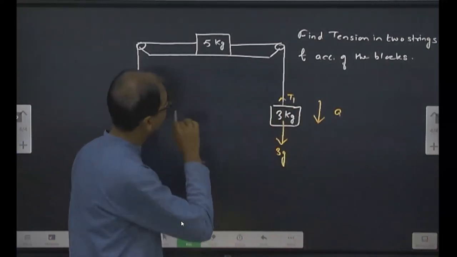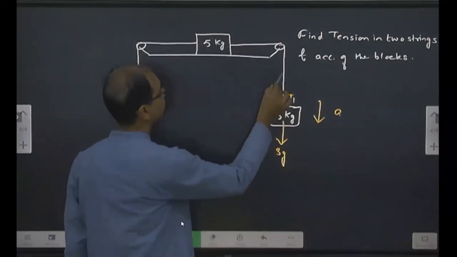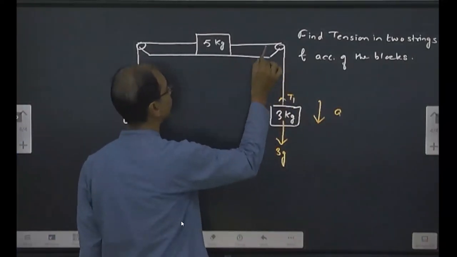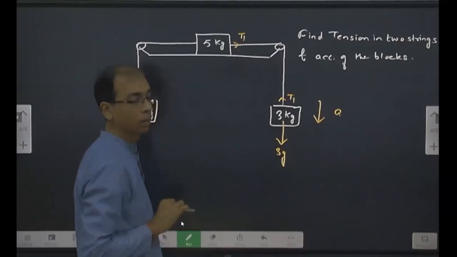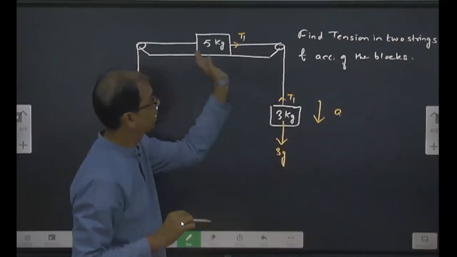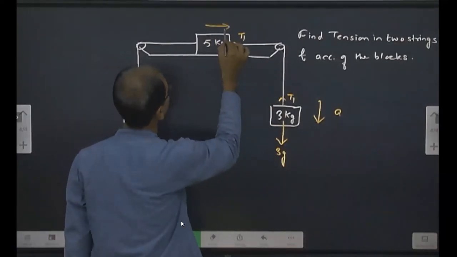Okay. Now let's go to 5 kg. Let's make its free body diagram also. So this is T1. We know that in this string tension will be T1 only. So at this point tension is T1. And since it's going down, that means 5 kg will be going towards the right. So its acceleration is right.